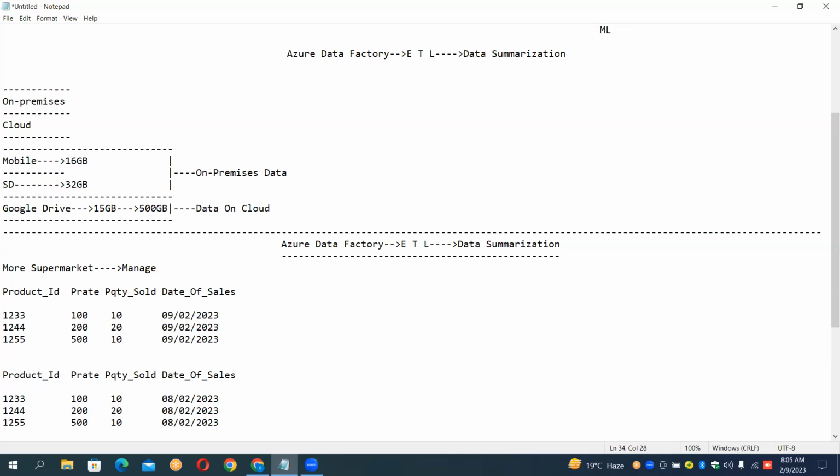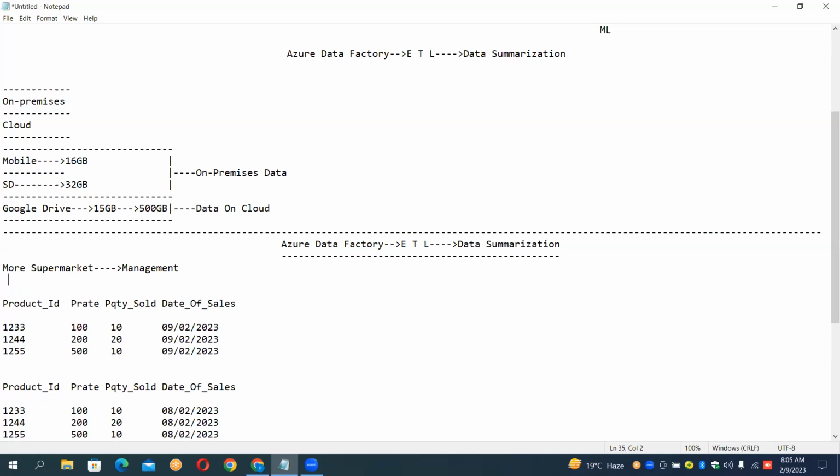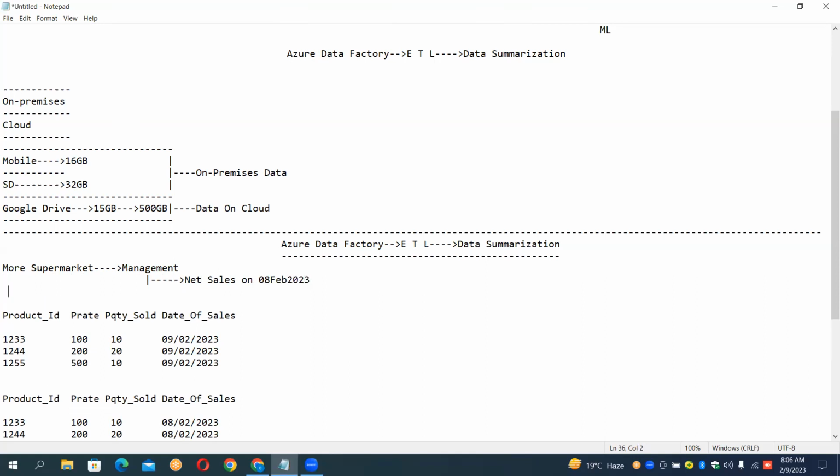This management wanted to know the following: the net sales on 08 February 2023, and at the same time, the net sales of 09 February 2023. That's it.